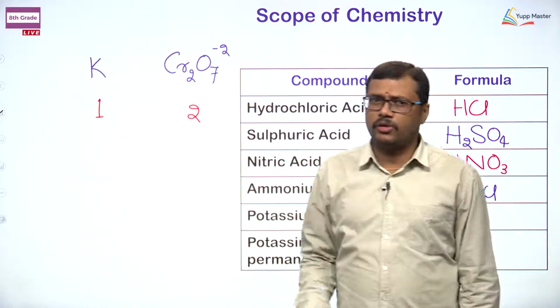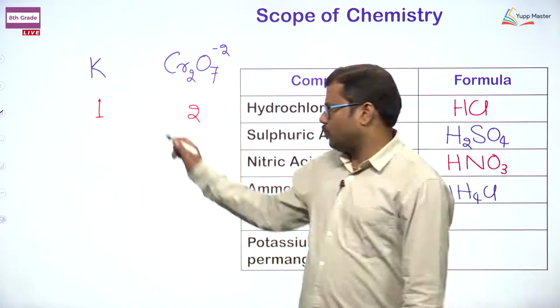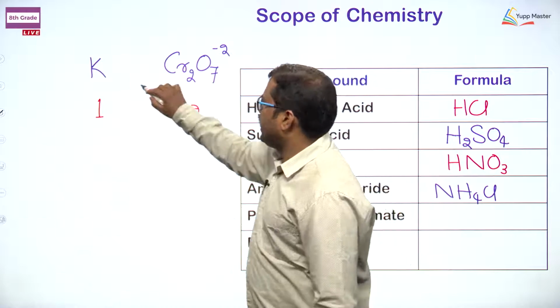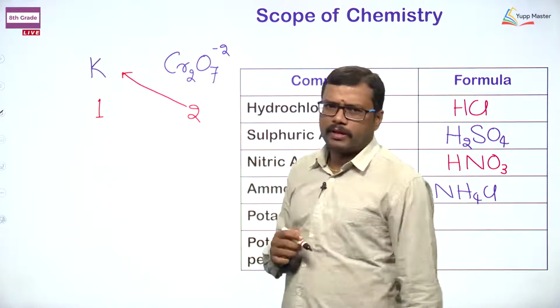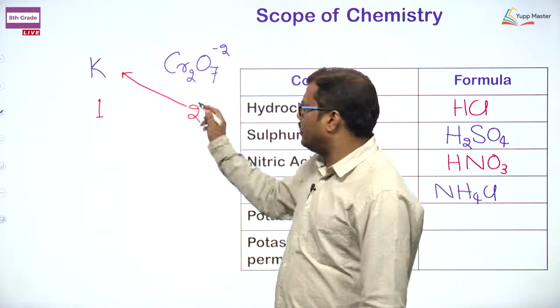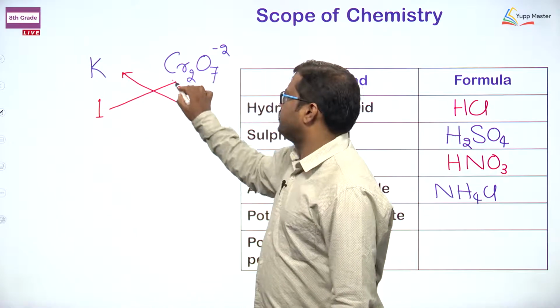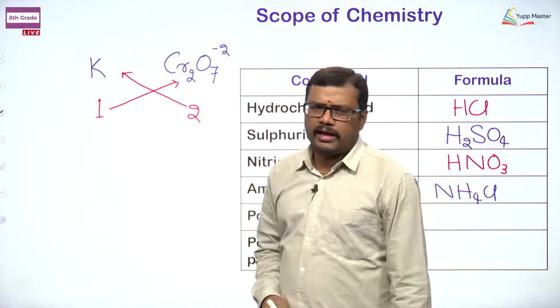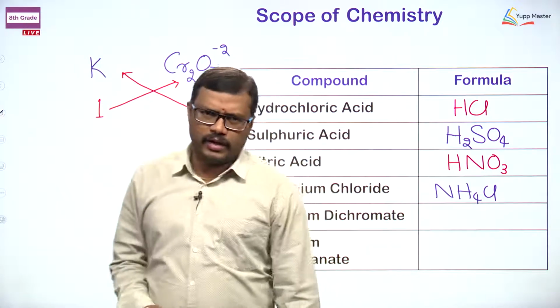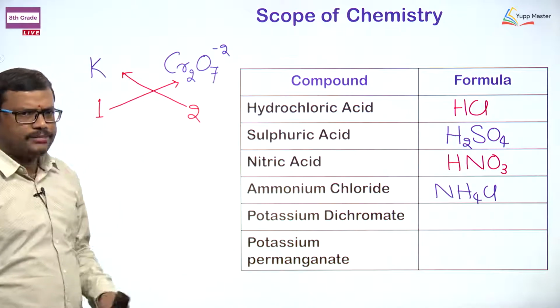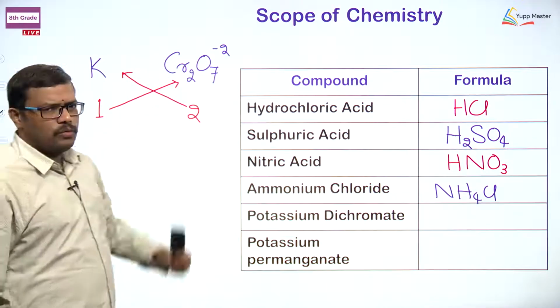The highest common factor for potassium and dichromate is 1, so the simplest ratio is 1:2. Now exchange the valency of the dichromate ion to potassium, and similarly exchange the potassium valency to the dichromate ion Cr2O7. In that case, we have to take potassium 2 times and the dichromate ion 1 time.